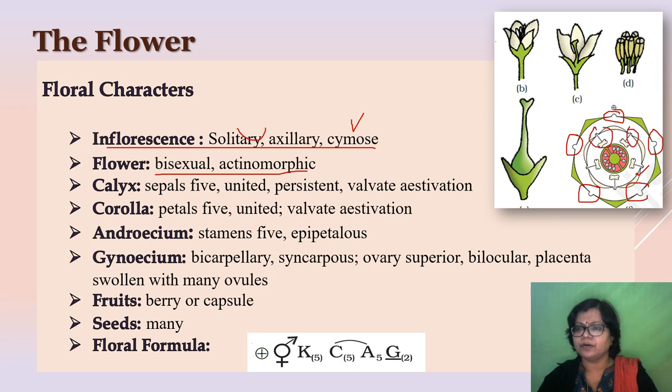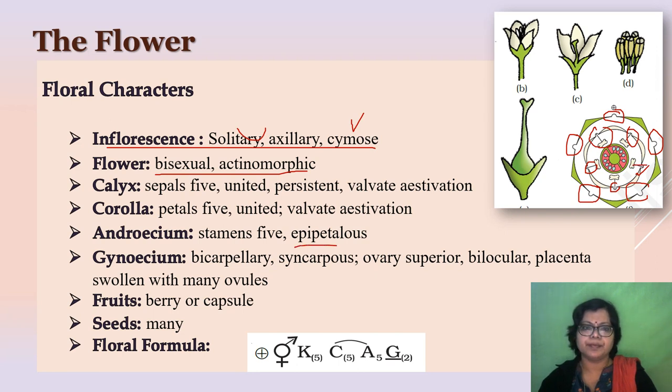So the second circle represents the whole of the corolla, right? Then the androecium. Androecium stamens, how many in number? Let's count. 1, 2, 3, 4, 5. 5 in number. They are free from each other. But here you see that it is attached to the petal. That means epipetalous. That's why this line has been drawn.